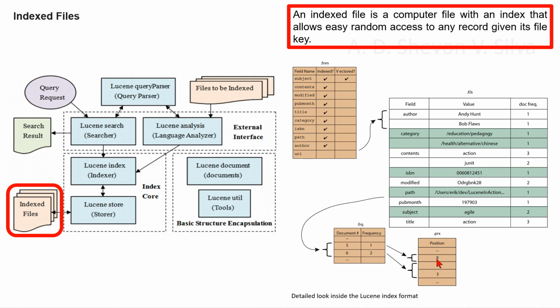We use the StandardAnalyzer, thus stop words in Ant in Action, for example, are removed. Document 6, JUnit in Action, Second Edition, has a contents field containing the value JUnit twice, once at position 1 and again at position 3.